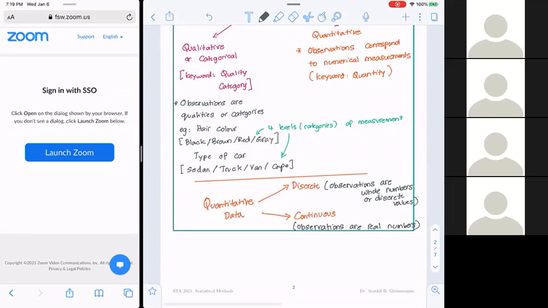For example, the number of pets in a household. We cannot have 1.5 pets. So it's either 1 or 2. So that would be a discrete variable.